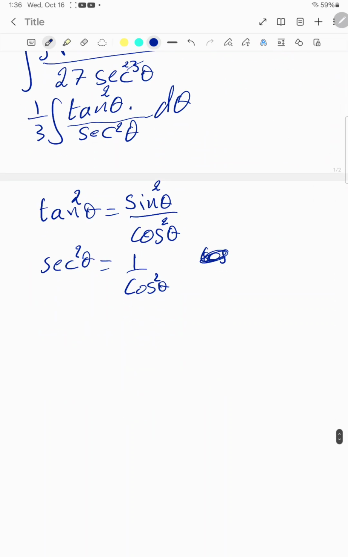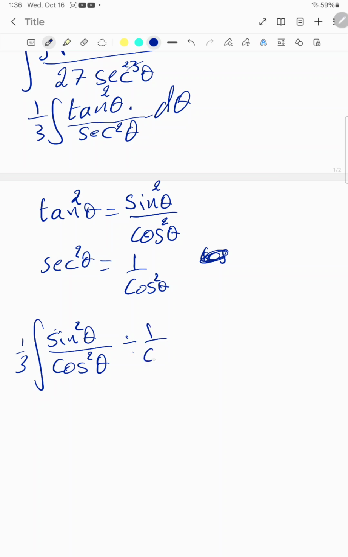So my integral becomes the integral of 1/3 here. Instead of tan squared of theta, I will write sine to the power of 2 theta divided by cosine to the power of 2 theta, and divided by sec squared of theta. So this divided by 1 over cosine squared of theta d theta.